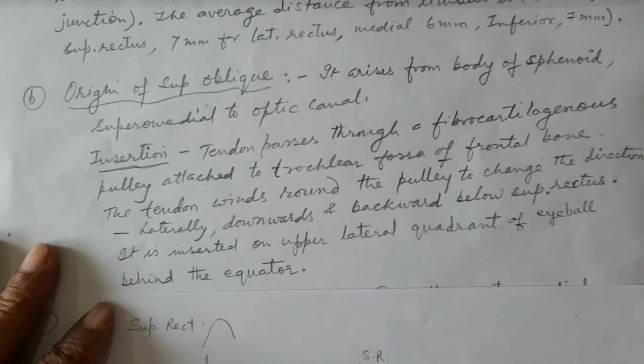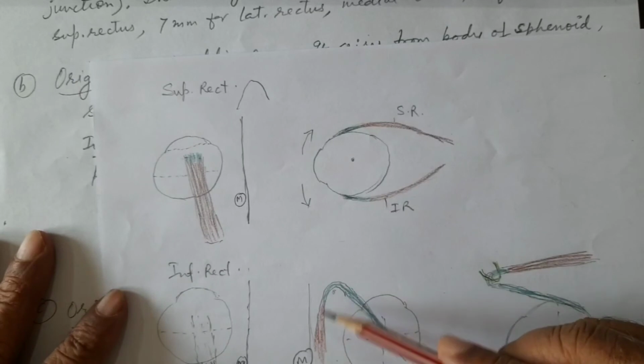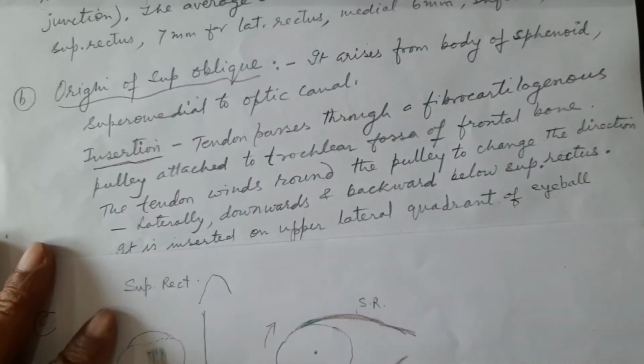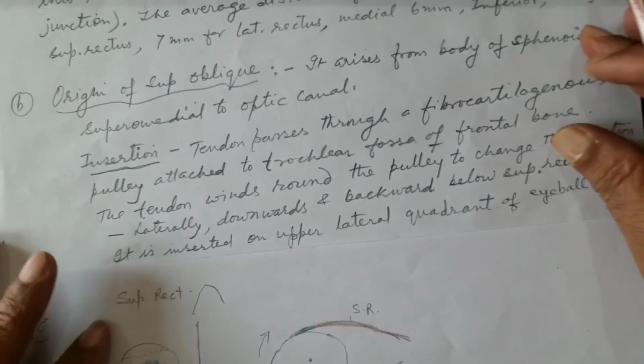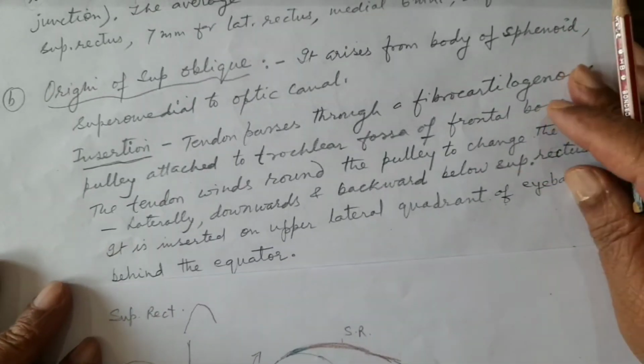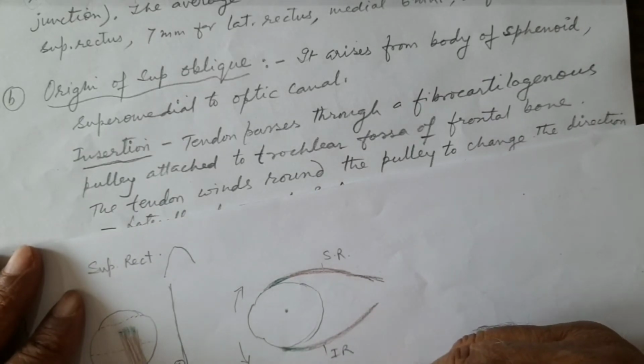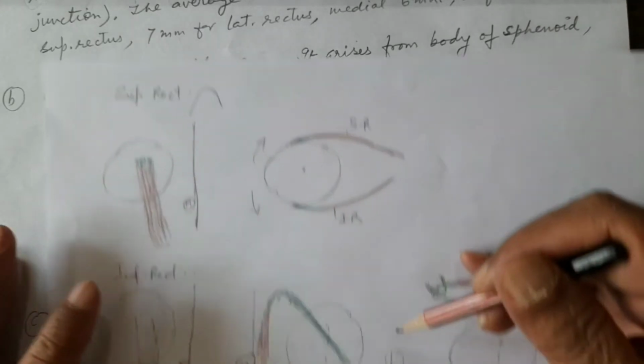After this postero-anterior direction, it will change direction, and the tendon will go laterally, downwards and backward. See, this is the lateral side here.